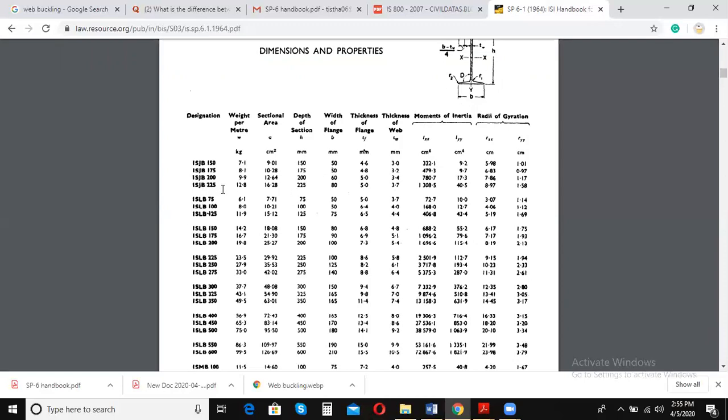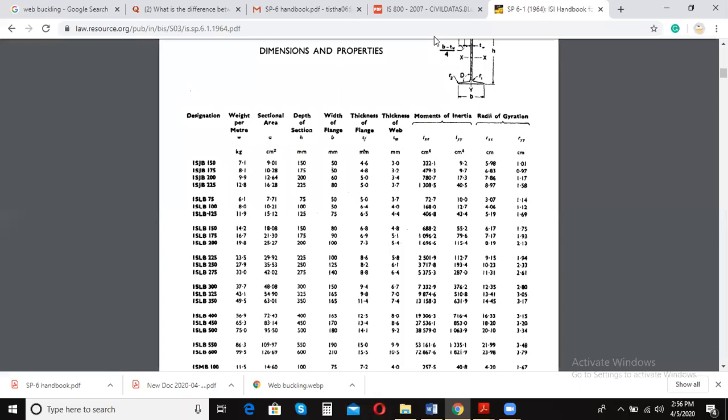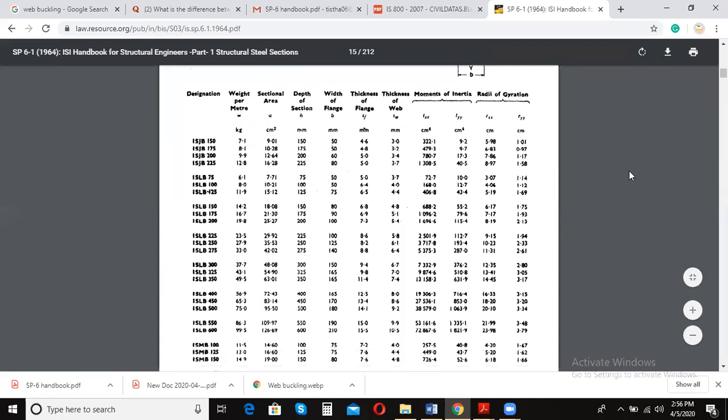So this number means that the overall depth of the section is 225 millimeters. In the next columns, we have the width of the flange, the thickness of flange, the thickness of web, the moment of inertia about XX axis, about YY axis, and the radius of gyration about X and Y axis.